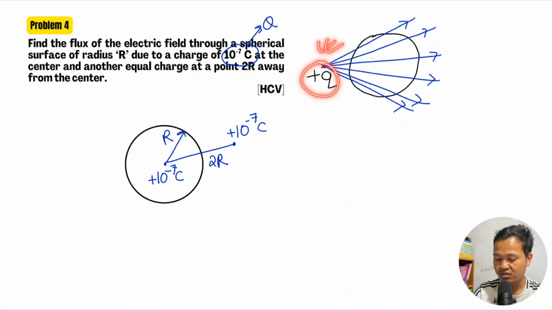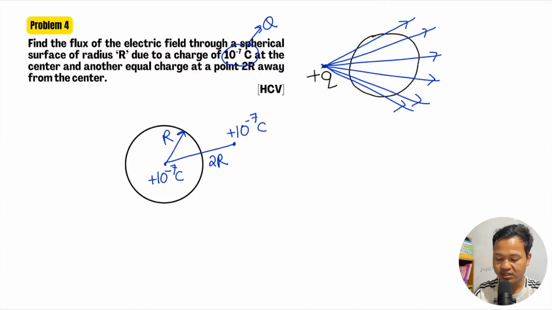Due to this plus charge, the flux on this closed surface is 0. If a charge is outside a closed surface, it will not contribute to the electric flux of that closed surface.